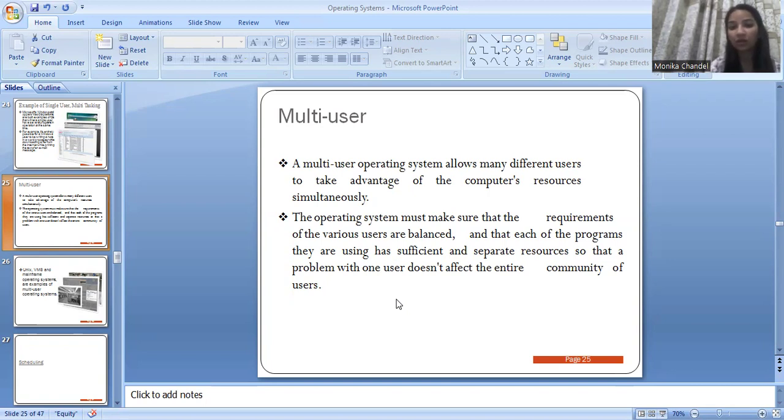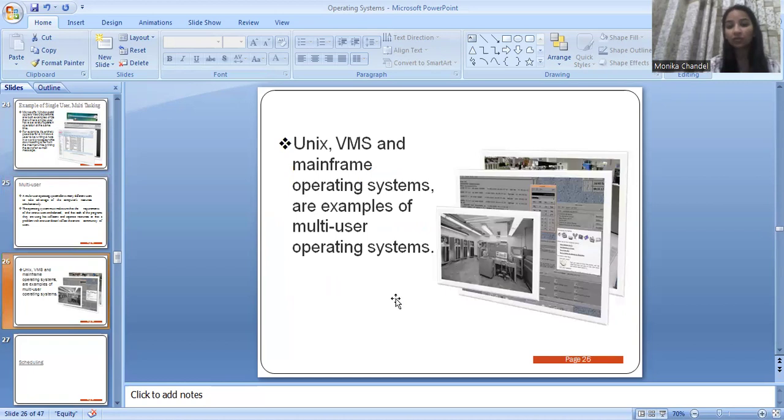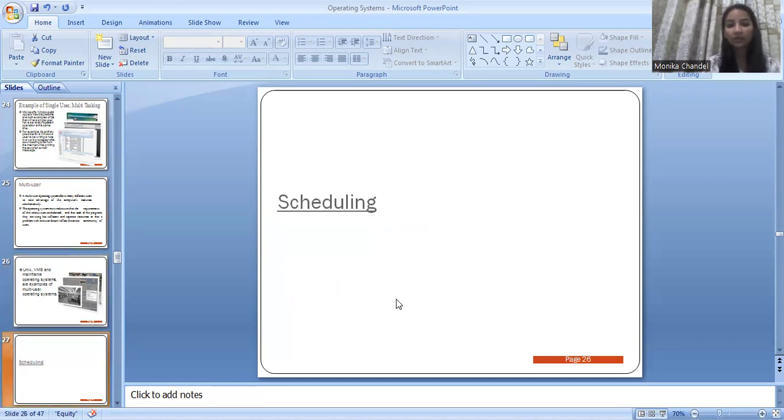If I give a task to an operating system, or to the computer, it is the responsibility of the operating system to execute these jobs at the respective time. We are not responsible for the resources and any other things. It is all the responsibility of the operating system to give the resources to the user as per the user's demand. Unix, VMS, and mainframe operating systems are some examples of multi-user operating systems.